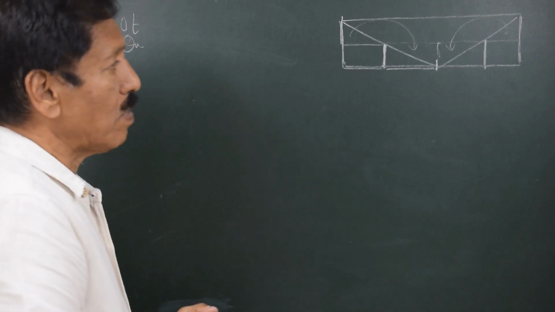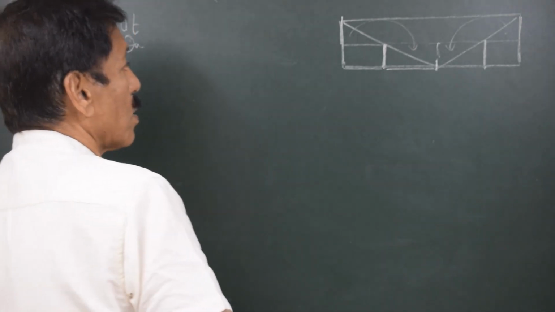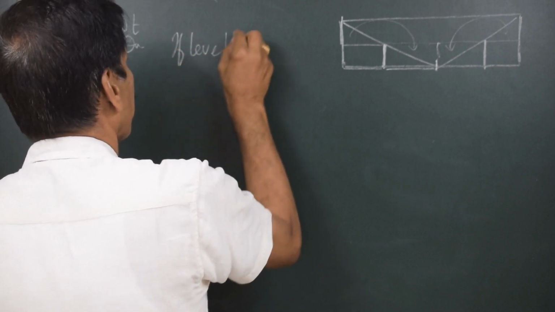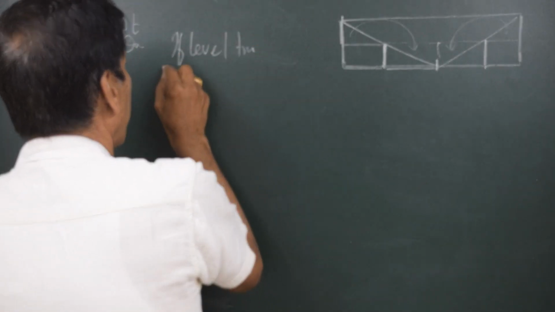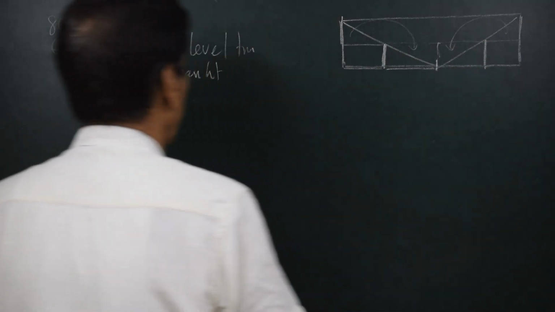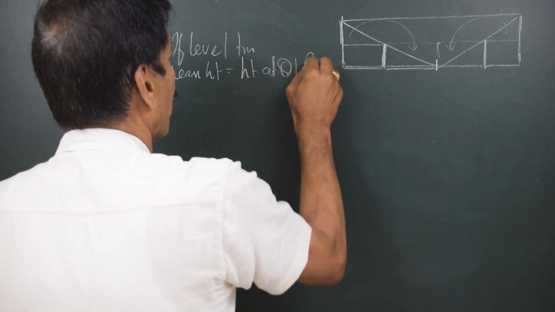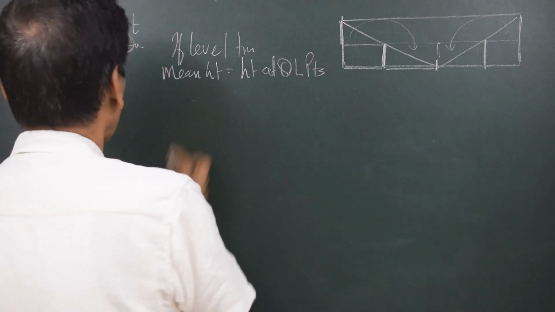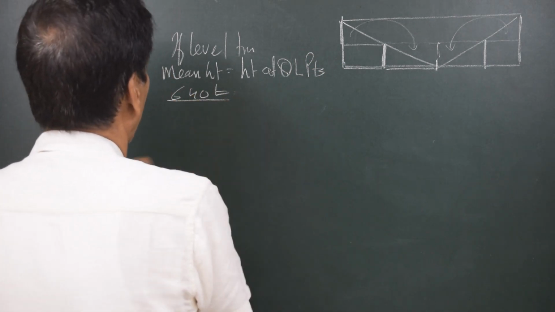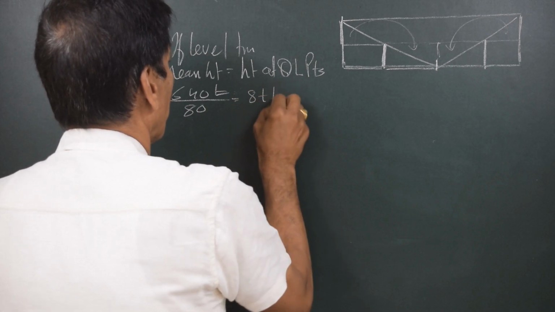So the initial statement which can be written about these questions is, while the cargo is loaded in this fashion, if the cargo was level trimmed, then the mean height would have been the height presently at the quarter length points. That means the total cargo, 640 tons, divided by the length of the barge, 80, will give me 8 tons per meter.